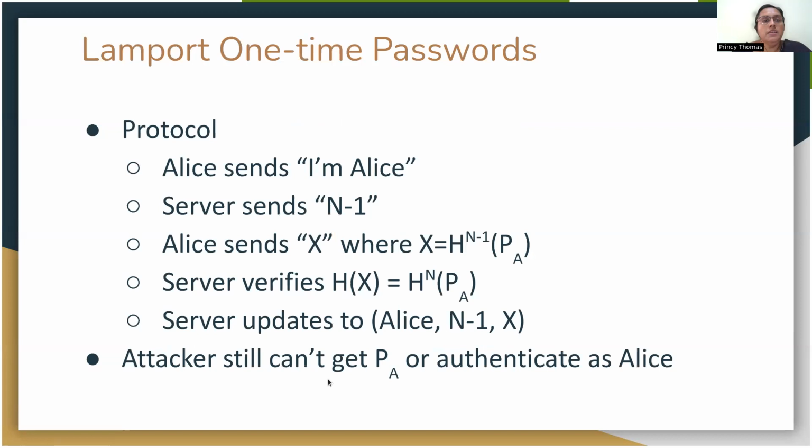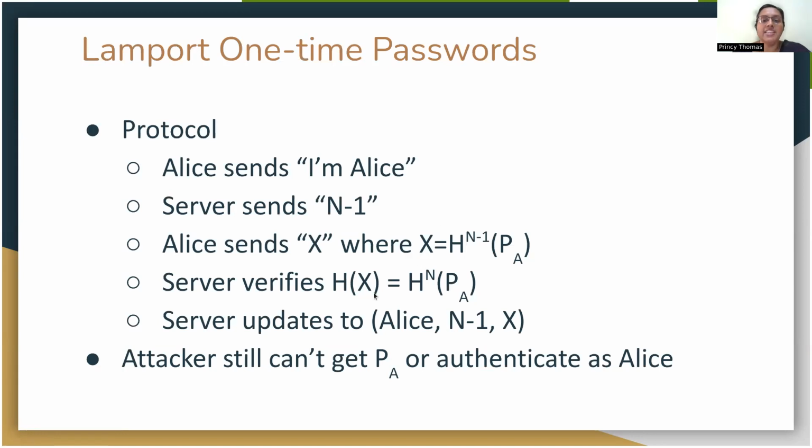So what is the protocol? Alice sends, I'm Alice, and the server sends back n minus 1. Alice sends x, which is h raised to n minus 1 of PA, that is, she hashes the password n minus 1 times and sends it to the server. To verify, the server hashes this x value one more time.